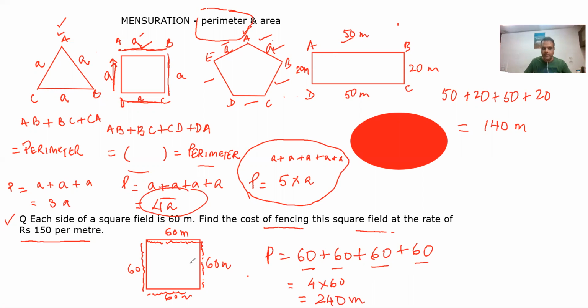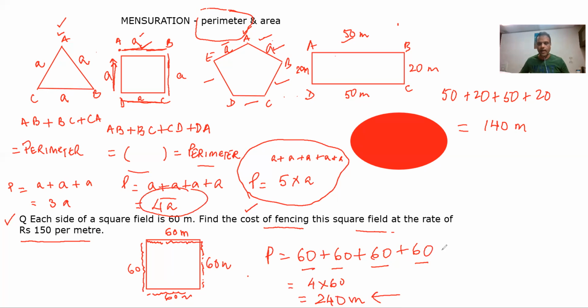The total fence required is 240 meter. But is this the answer? No, this is not the answer, because the question is asking for the total cost of fencing.